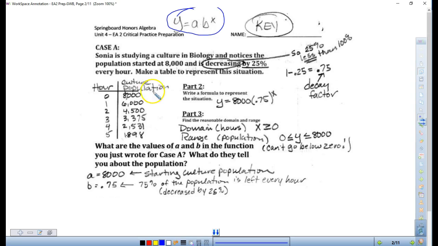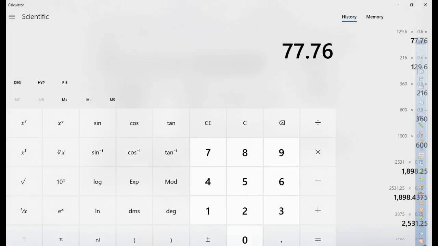So when you filled out your table, you could have multiplied by 0.25 and then subtracted that from 8,000. So if you took 8,000 and multiplied it by 0.25, you're going to lose 2,000 of it. So 8,000 minus 2,000, obviously you get 6,000.